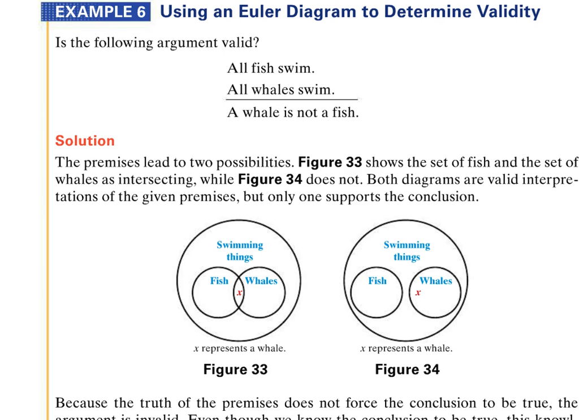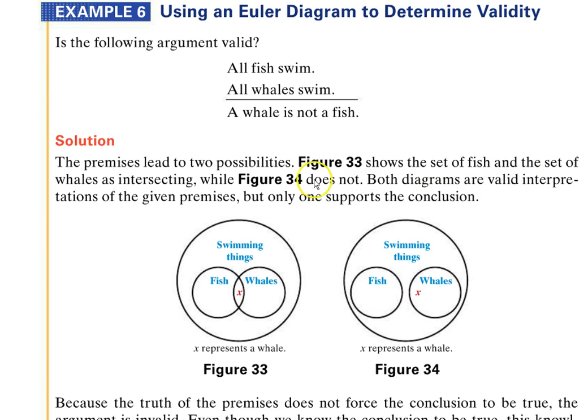The figure 33 shows a set of fish, and the set of whales are intersecting. Well, keep in mind that that would be incorrect. Whales are mammals, they're not fish. And figure 34 shows them separated. This would be the proper way.